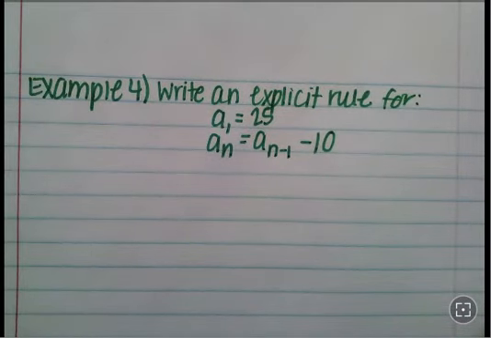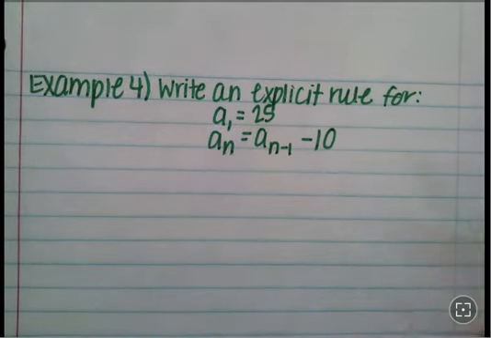So I've given you a recursive rule, and I need you to give me the explicit rule, okay? So again, the first thing you need to consider is, is this even arithmetic or geometric? I need you to understand that if it's geometric, it will have a multiplication factor. If it's arithmetic, it'll be going up or down by addition or subtraction.